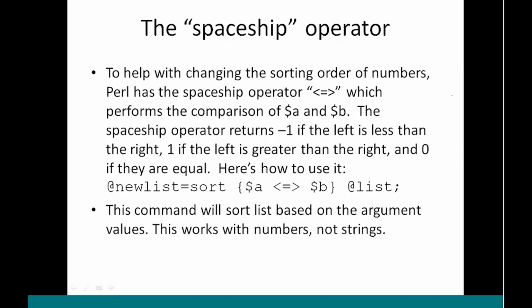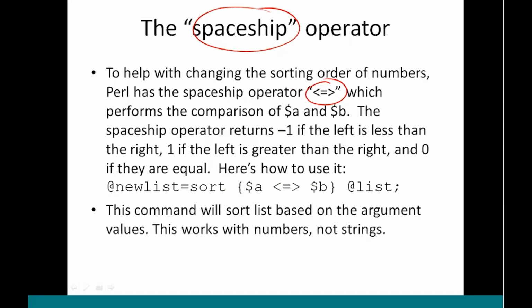We now use a specific operator called the spaceship operator, which is less than, equal to, greater than, all three combined. It looks like a spaceship, hence it is the spaceship operator. This performs the comparison of a and b.